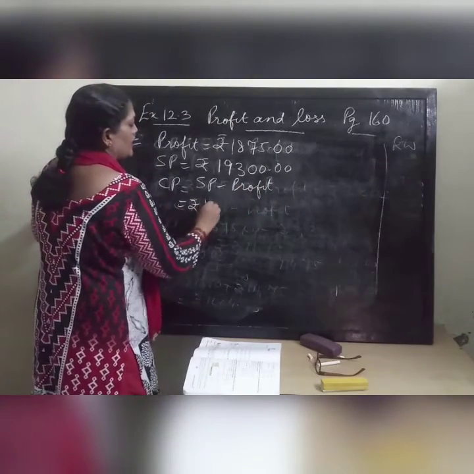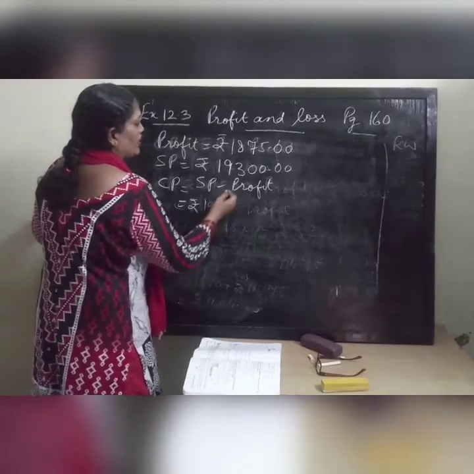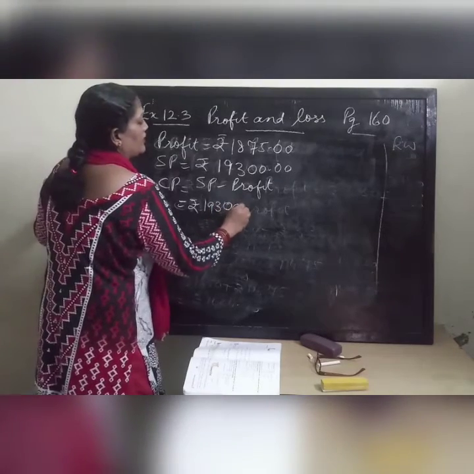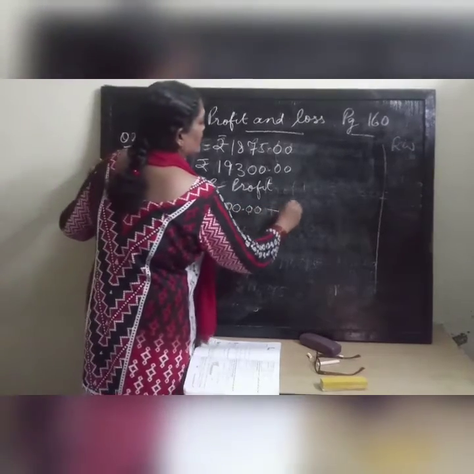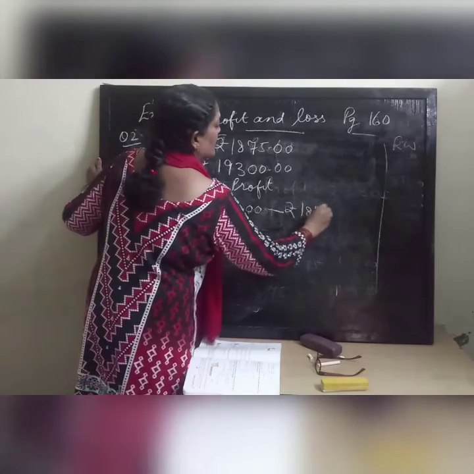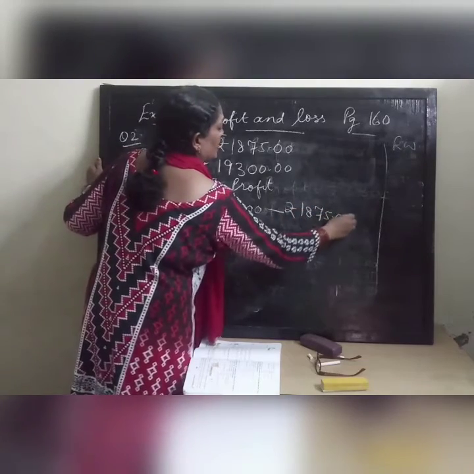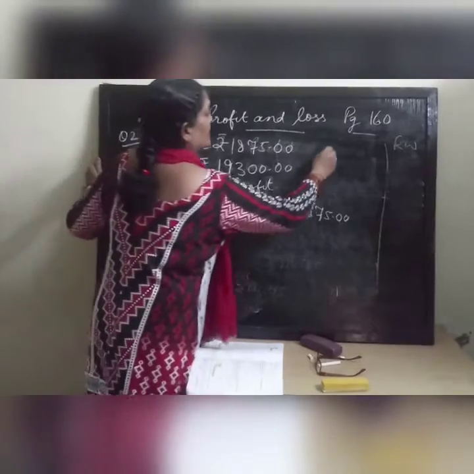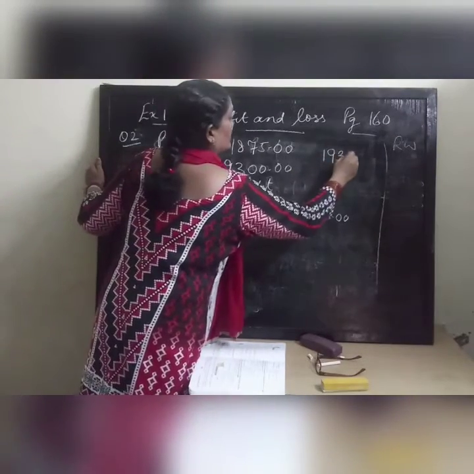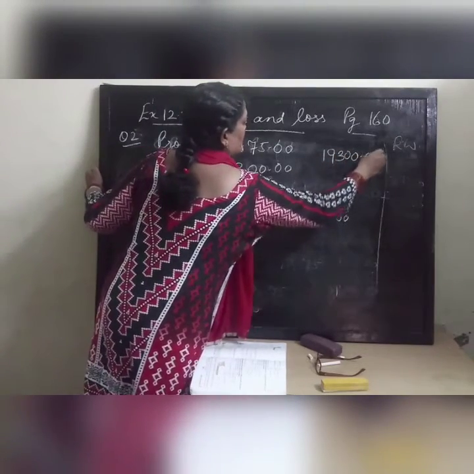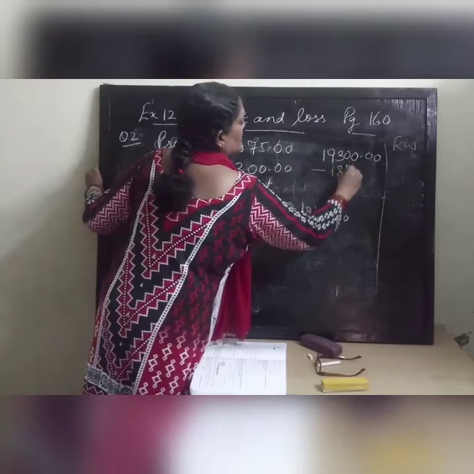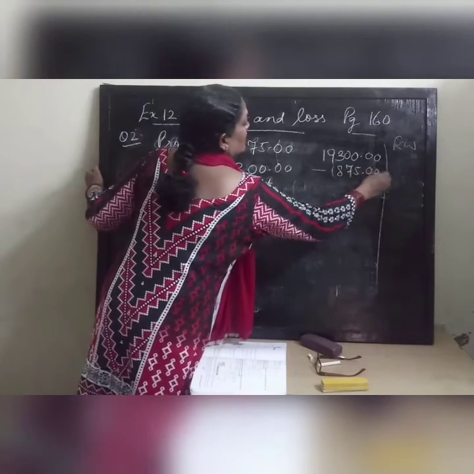So write it here. Rupees 19,300 minus rupees 1,875. Now here you can write it 19,300.00 minus 1875.